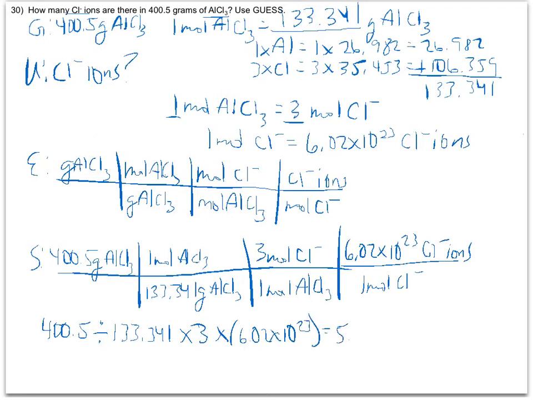Alright, so you get 5.42446, and so on and so forth, times 10 to the 24th.